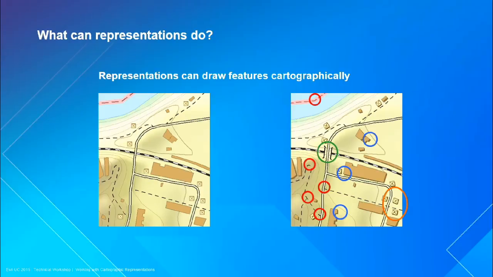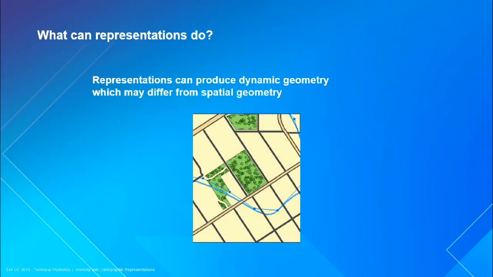Similarly, in the green circle, you can see the result of our Create Overpass geoprocessing tool. So using representations, we can manage that bridge feature. We've found an intersection, and we've built the masking and the bridge parapets, the sides to the bridges, all from that geoprocessing tool. Here's another example. Representations can produce dynamic geometry, which can differ from the spatial geometry.